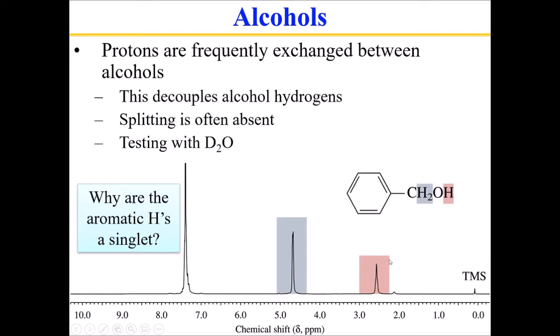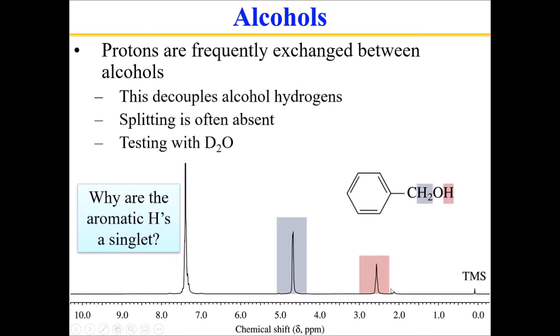And the memorizable quote that you have to deal with is: hydrogens that can make hydrogen bonds, such as alcohols, amines, and carboxylic acids, do not split, and they do not cause splitting. So this hydrogen right here actually will always be a singlet.